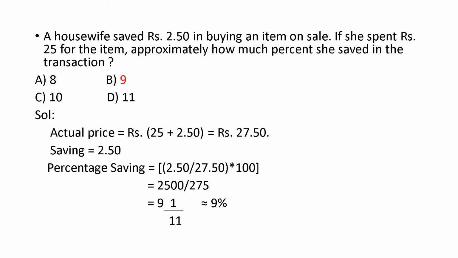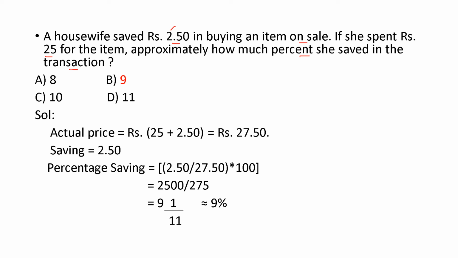Next question. A housewife saved rupees 2.5 in buying an item on sale. If she spent rupees 25 for the item, approximately how much percent did she save in the transaction?